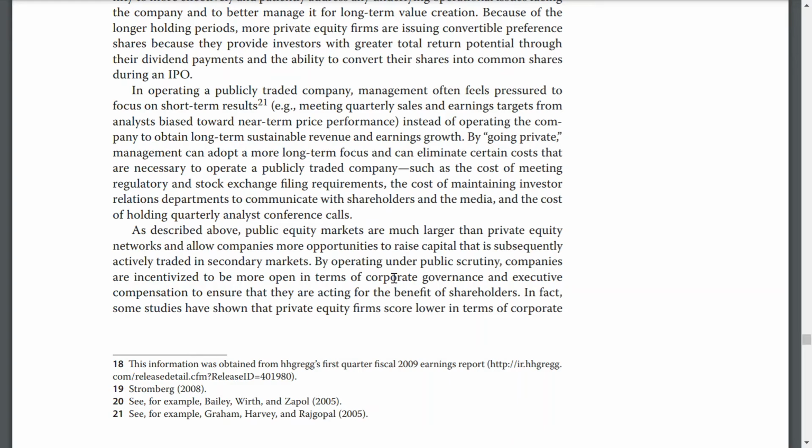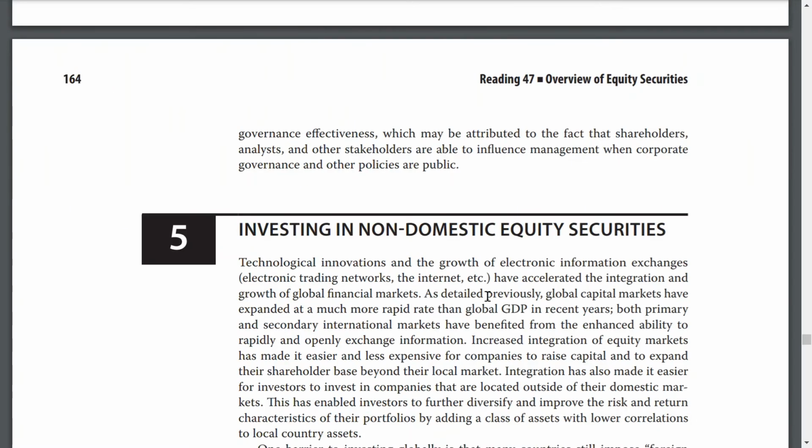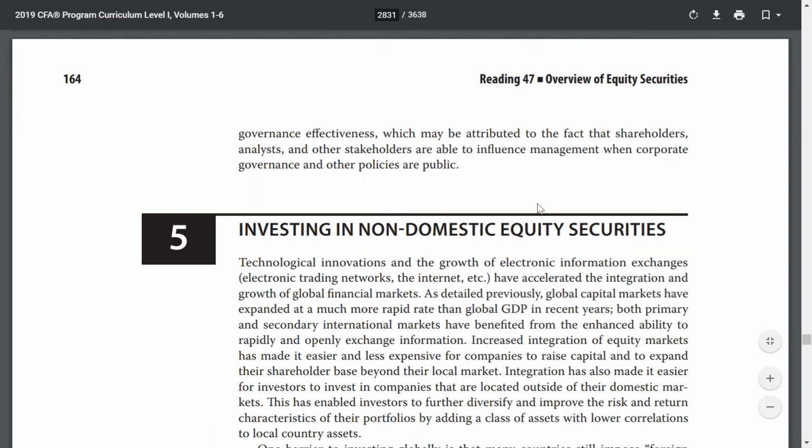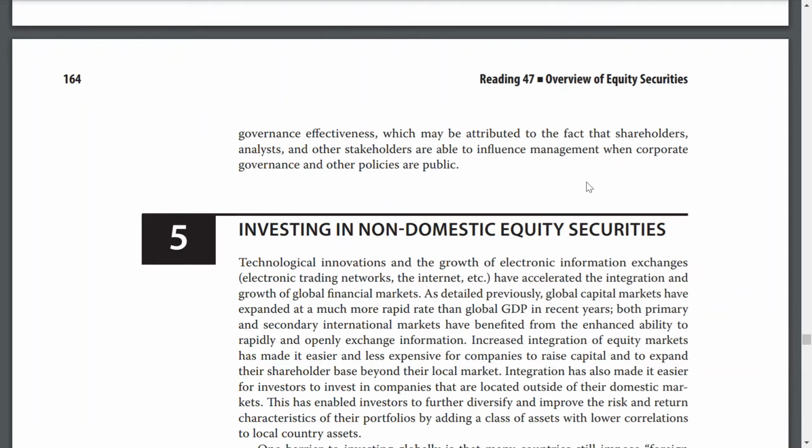In fact, some studies have shown that private equity firms score lower in terms of corporate governance effectiveness, which may be attributed to the fact that shareholders, analysts, and other stakeholders are able to influence management when corporate governance and other policies are public.